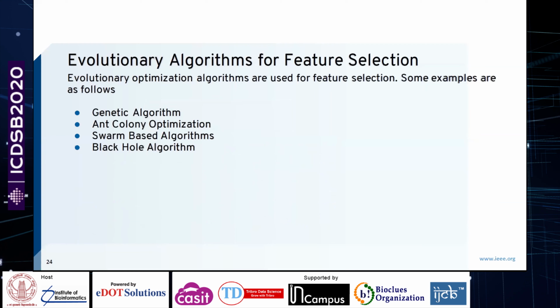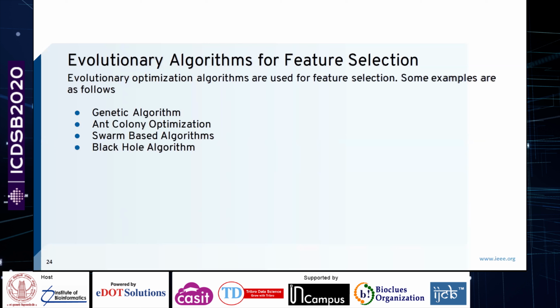So having talked about the other methods, we'll come to the evolutionary algorithms of feature selection. Evolutionary algorithms are very simple to use. They can be stochastic, heuristic, and nature-inspired methodologies. These algorithms do not need derivative information, whereas in conventional optimization algorithms we need to use derivative information, and sometimes it is very difficult to formulate a problem as an optimization problem using conventional mathematical programming methodologies.